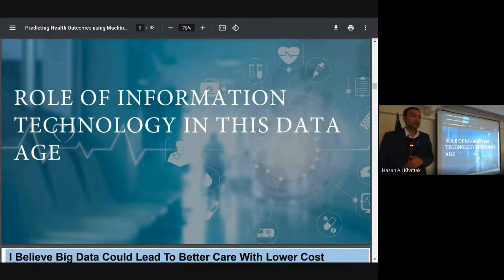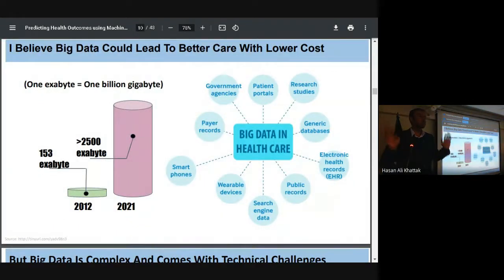When I say the role of information technology in this data age, all of you are computer science students, so you know that everyone is familiar with the word big data.